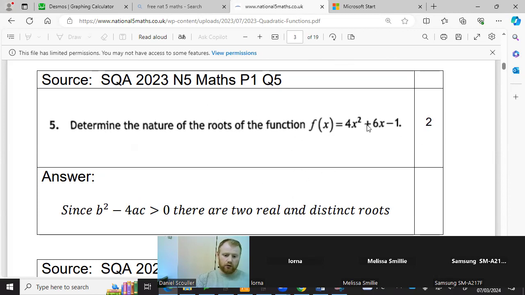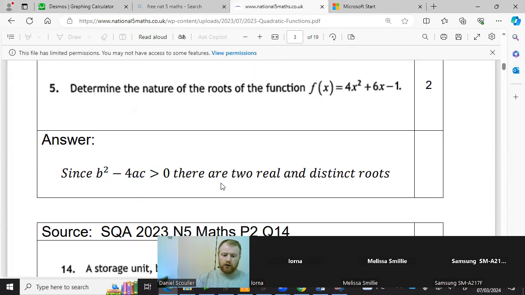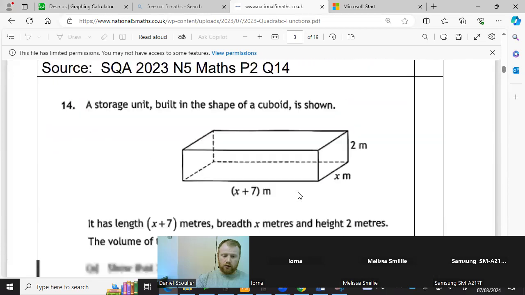That's a discriminant. So it's not asking you to find the roots, it's just asking you to determine whether they're there. 2 marks for just saying b squared minus 4ac is greater than 0. So you just need to work that out: 6 squared minus 4 times 4 times negative 1. And then you could say that. That's your answer. You need to say 2 real and distinct roots.